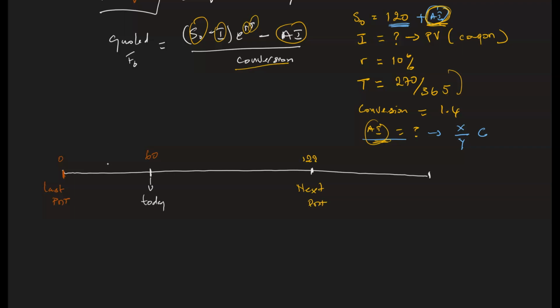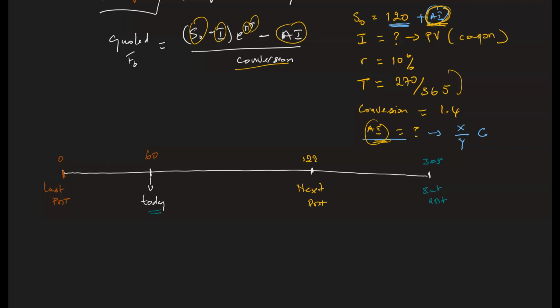And on day 305, we are also going to have another interest payment. So we're going to have two payments after today, and we had one payment before.